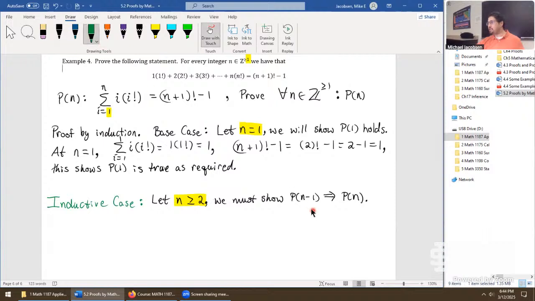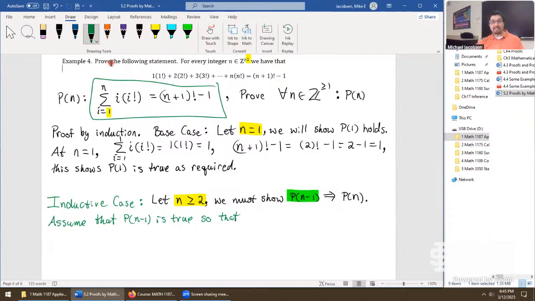So next thing we do is we assume the truth of Pn minus 1. Let's just directly say that. Assume that Pn minus 1 is true, so that we get this whole formula right here. Not exactly though, right?